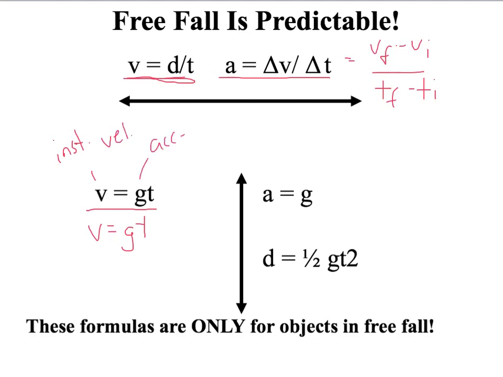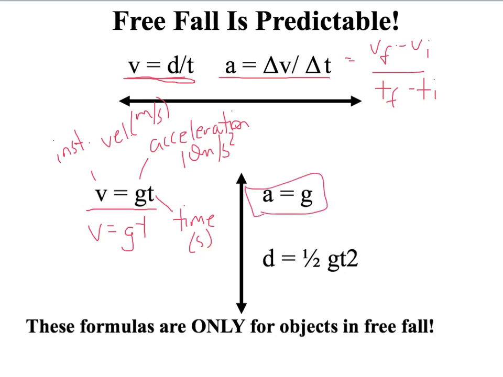We said that's acceleration due to gravity, which is always going to be 10 meters per second squared. It's a constant, it stays the same. And this is time in seconds, and velocity is meters per second. Acceleration is always going to be predictable in little g, 10 meters per second squared.